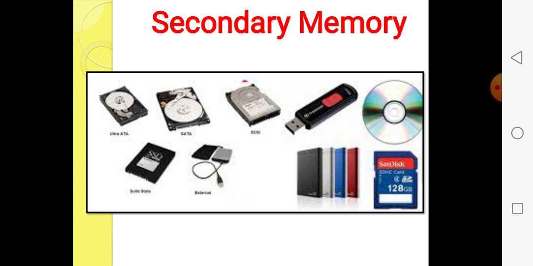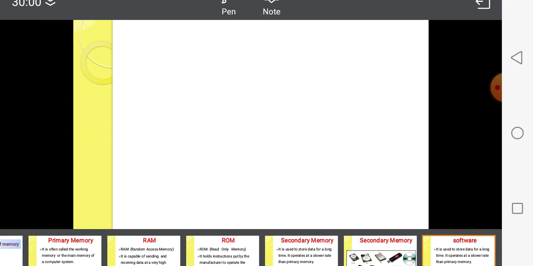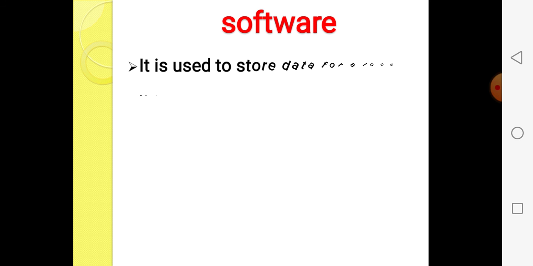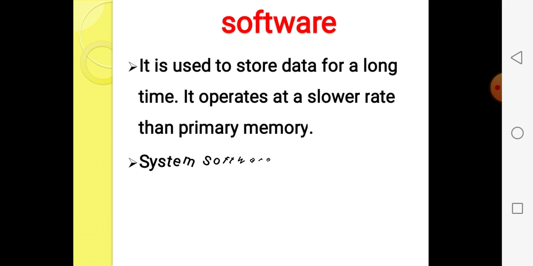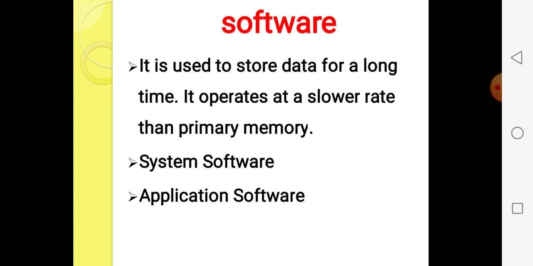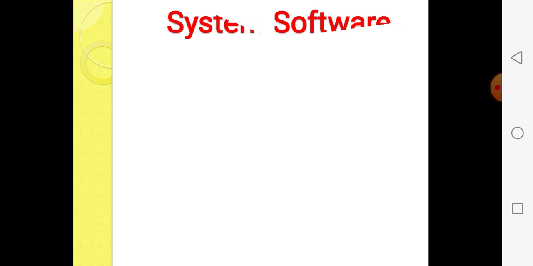Okay. Now next one is software. There are two types: system software and application software. Let's see the very first one, system software.